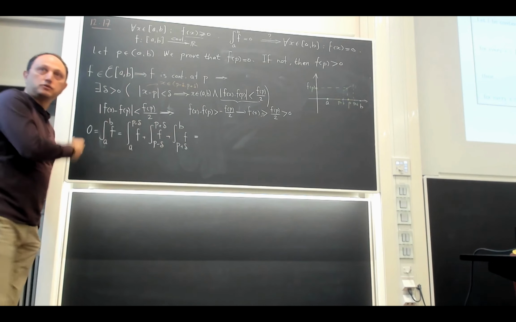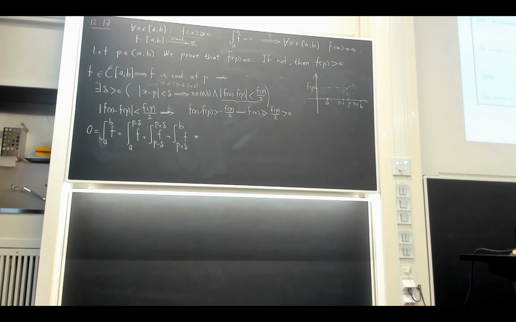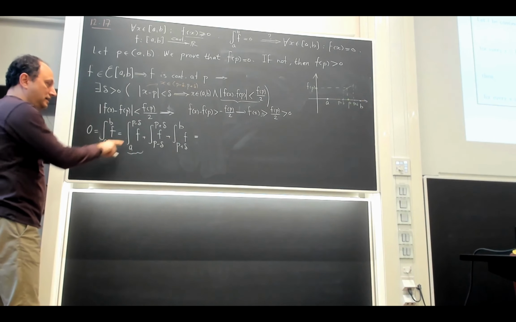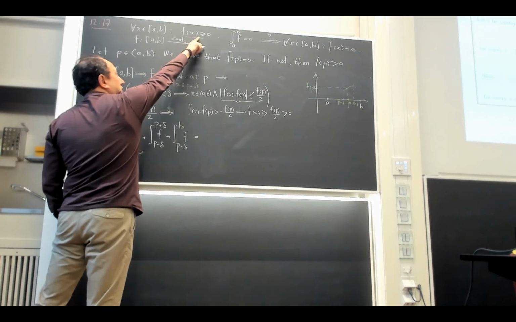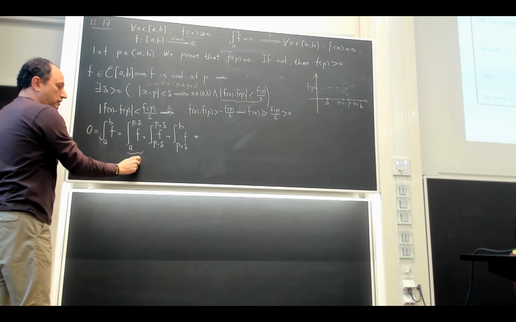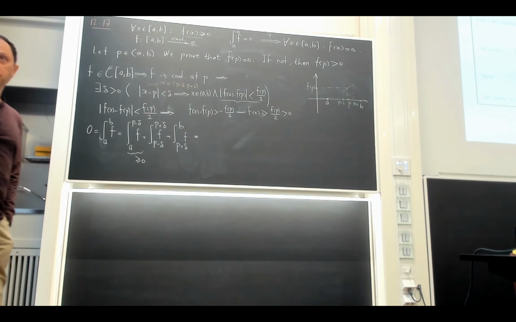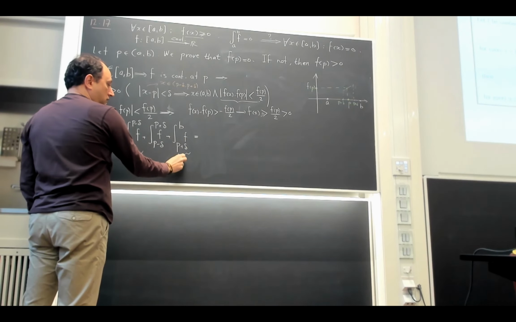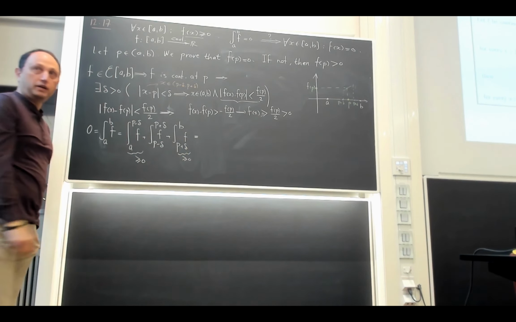So is that understandable? I have broken this into 3 pieces. But what type of number is this one? Yesterday we had this: f is non-negative on the whole interval. So according to the theorem we have, this is non-negative. And the same is true here. f is non-negative, so this number is also non-negative.